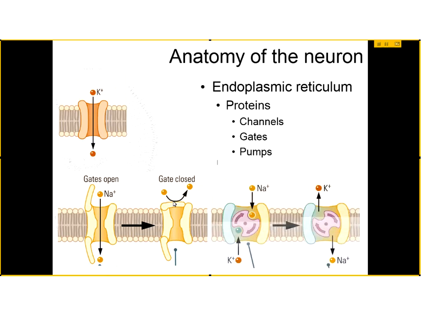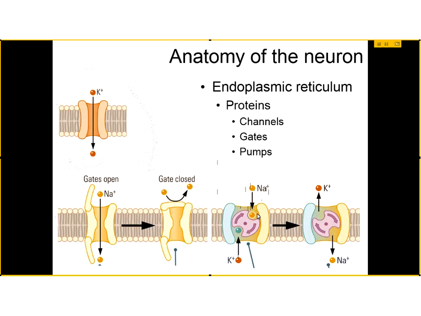Finally, we can have pumps. Pumps work to take certain ions or chemicals that are on one side of the neuron and move them to the other side. So we can be bringing sodium in or taking sodium out, putting potassium in, putting potassium out. So we can have this continuous exchange. And this is a protein that can be made from expression of the DNA through the process of transcription to translation.